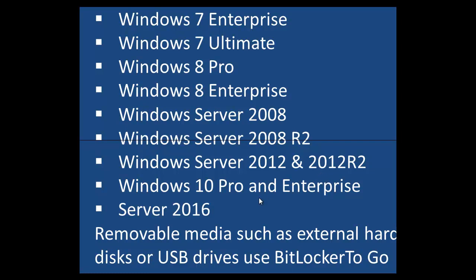We also have Windows 10 Pro and Enterprise, and we have Server 2016. If you're using removable media, such as an external hard disk or a USB drive, we use what we call BitLocker To Go.